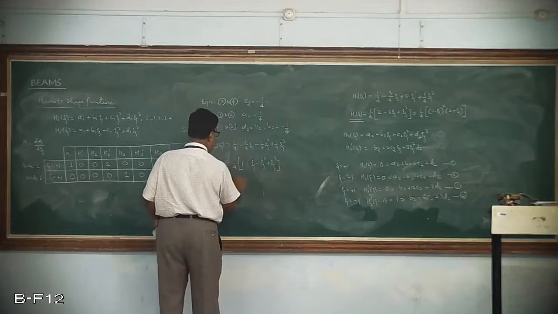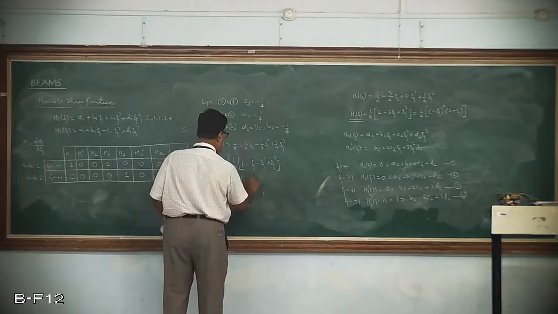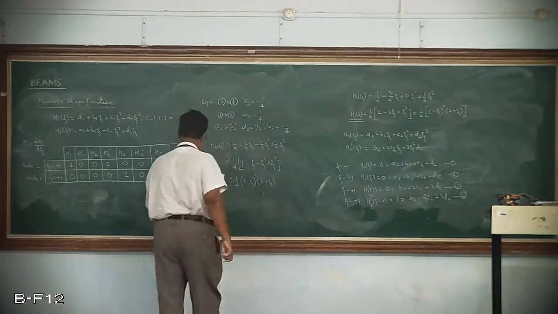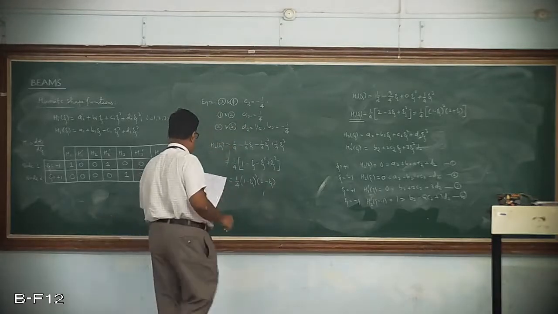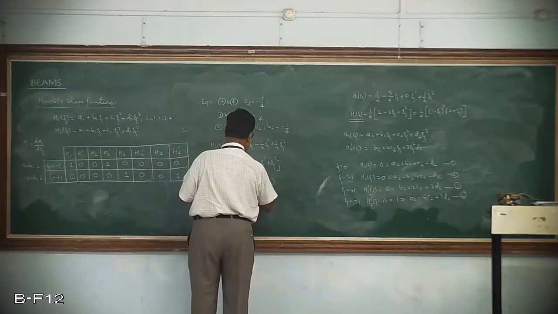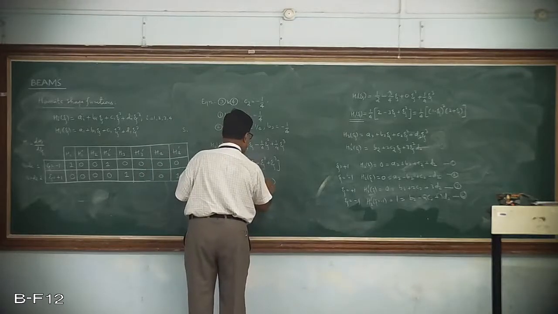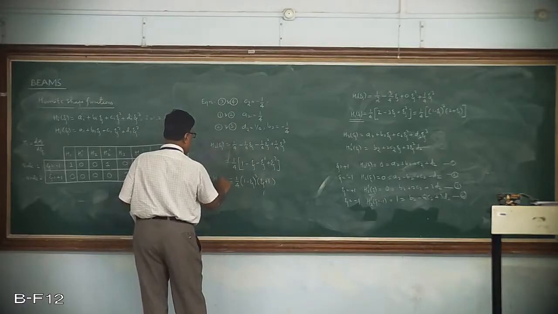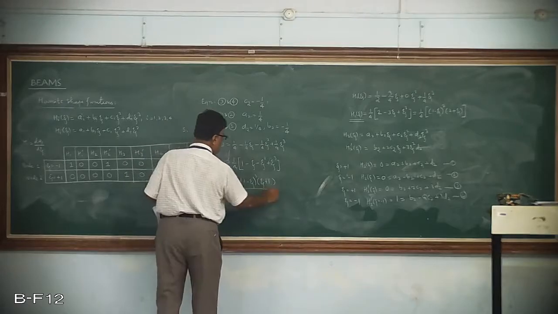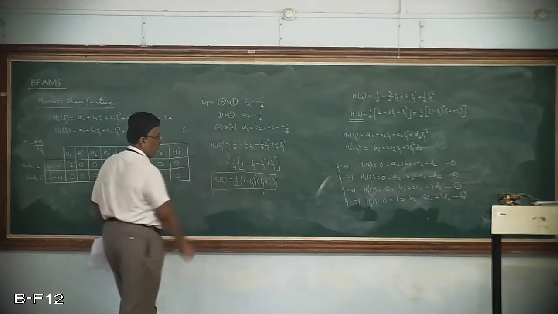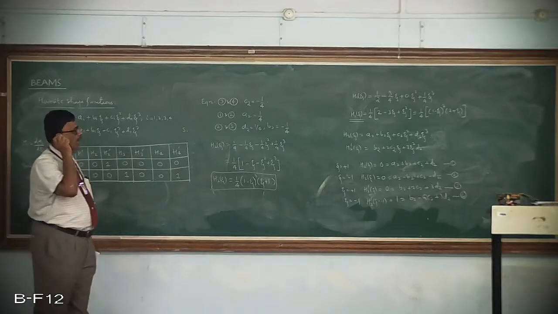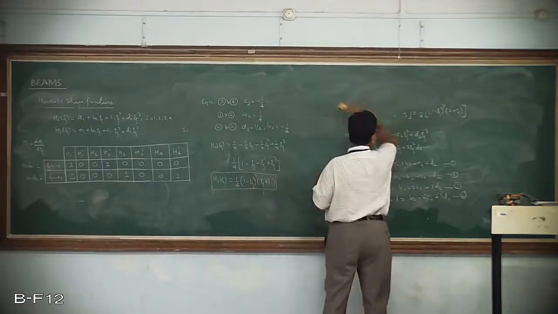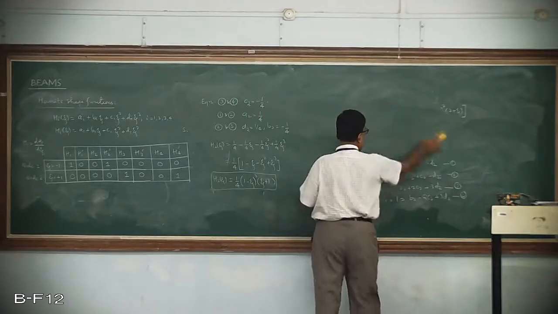This can be written as 1 minus zeta whole square times 2 minus zeta. This can be written as zeta plus 1. Please look at this. This is the second Hermitian shape function. Like that, I can write the 2 more. I will not derive everything now. I will directly write down what the values of H3 and H4 are.